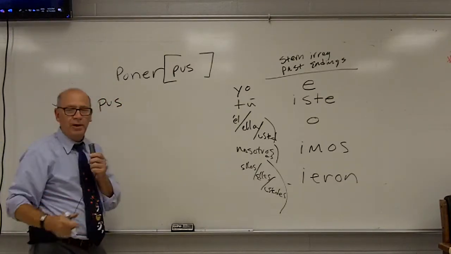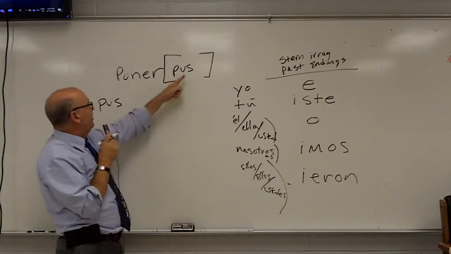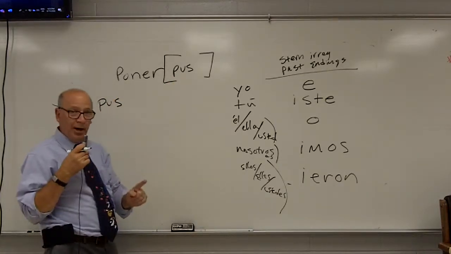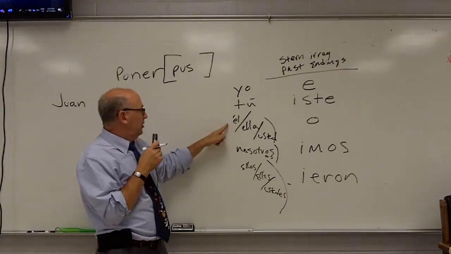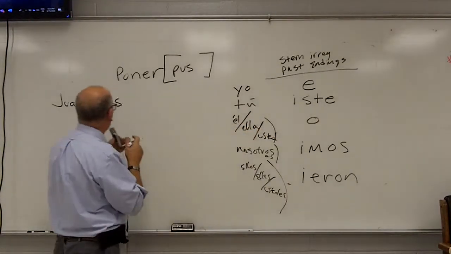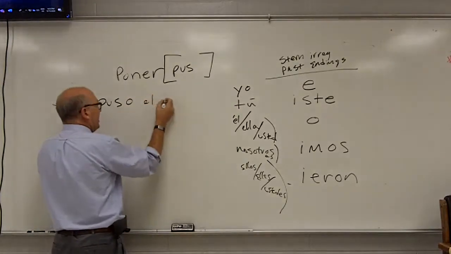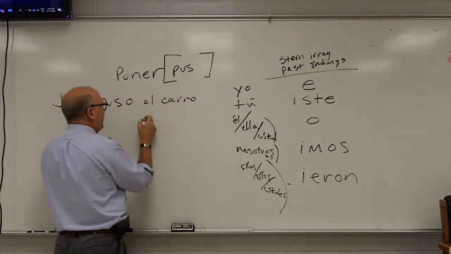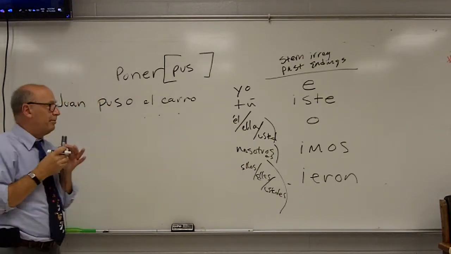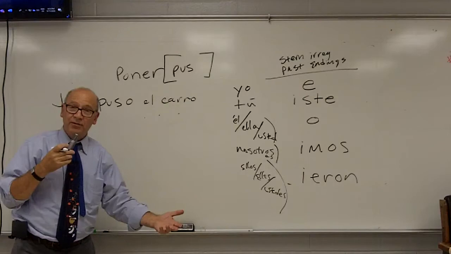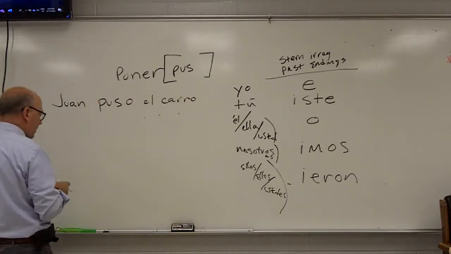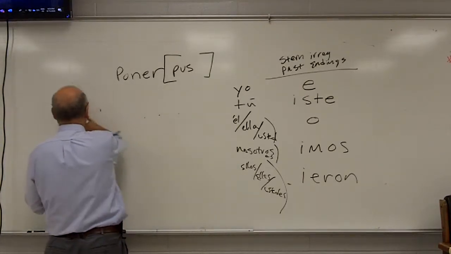We've used our stem, P-U-S. Well, John is the same as he. So we're going to use this ending. Juan puso el carro en el garaje. Now you're getting the hang of it. Very good. All right, let's do one more fast one.